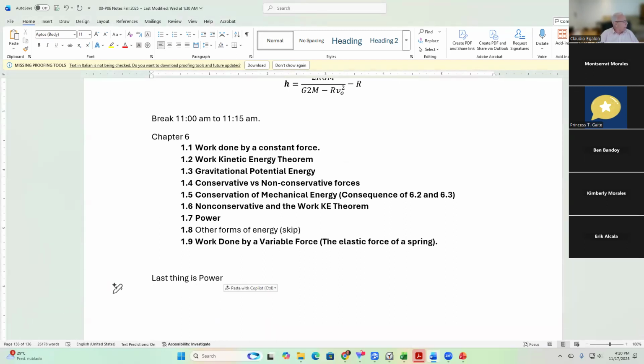And why do we define power, right? So we talked about work, the idea of work. And then there is also this idea, power.